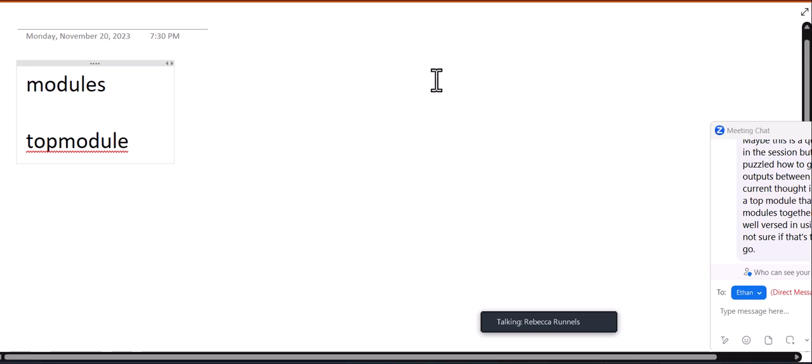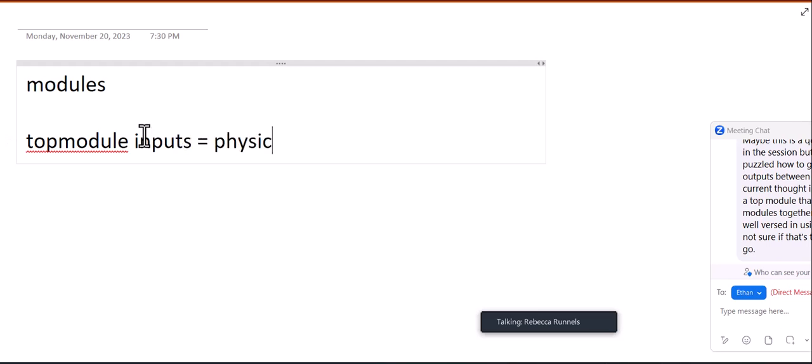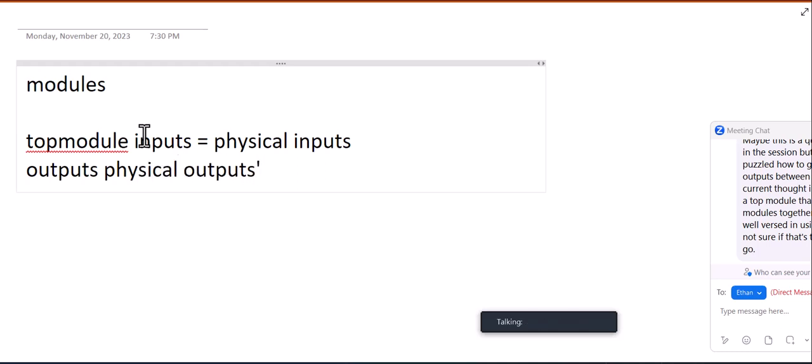In your top module, your inputs will equal all your physical inputs, and your outputs will be your physical outputs. So this is going to be all your LEDs, your switches, and the 7-segment display.